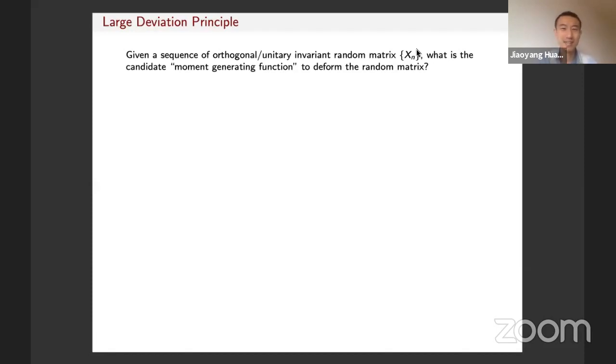Then we can do exactly the same thing as in the classical setting. Since in the classical setting we use the inner product, the most natural generalization is to use the inner product for matrices, which is just the trace of the product of two matrices.